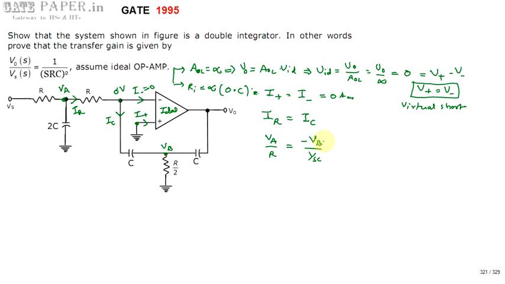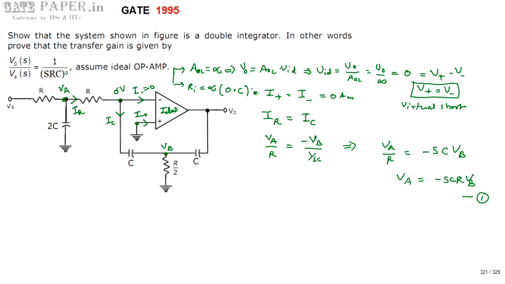So from this you can write VA by R is equal to minus SC times VB, and you can write it as VA is equal to minus SCR times VB. This is equation 1. Now we have to express VA and VB in terms of the input and output voltages.